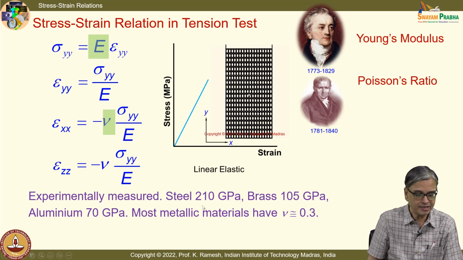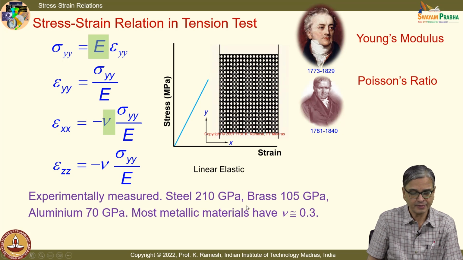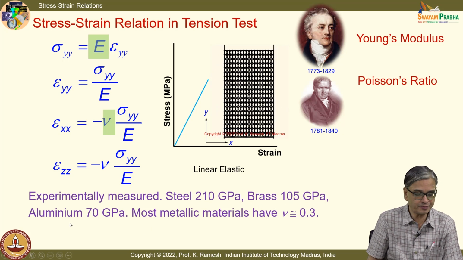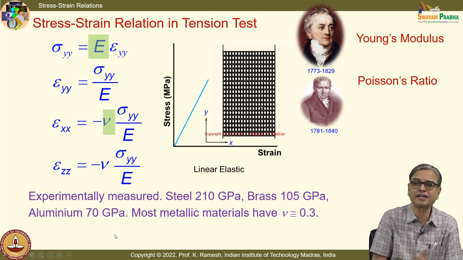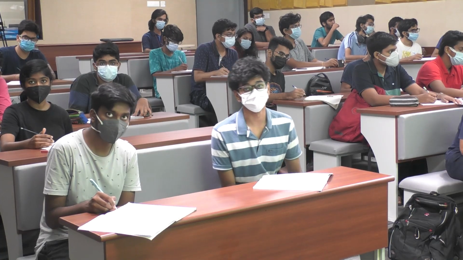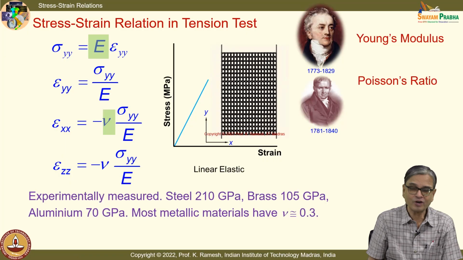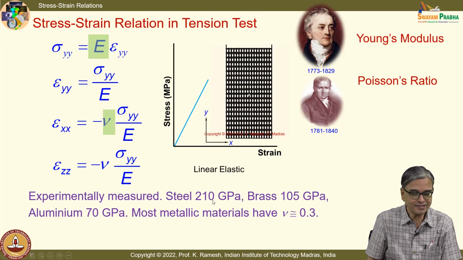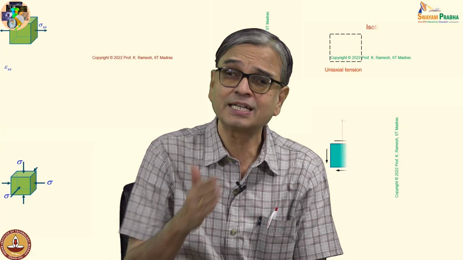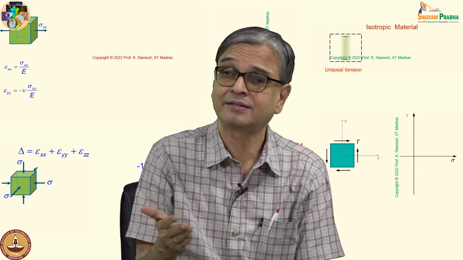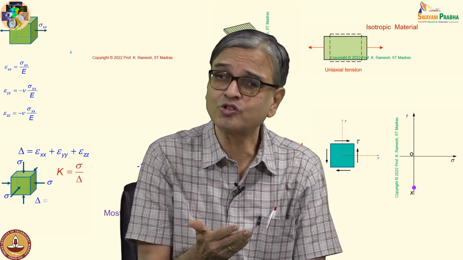For steel, it is 210 GPa, brass it is 105 GPa, aluminum is 70 GPa. Do you see something in the way that I have written the numbers? See, the way we remember is brass is 1/2 of steel and aluminum is 1/3 of steel. Some of these numbers you should remember, because the stiffness is also very important.